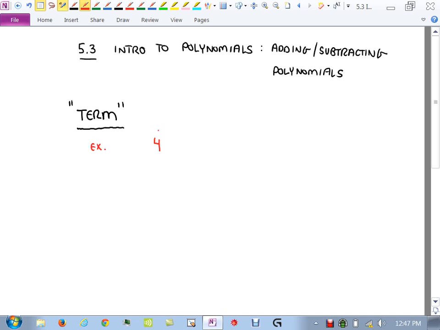I'm going to separate it with a comma. 4x is also a term. 4x squared is a term. 4xy is a term. 4x squared y to the 5th is a term. And I could keep going. 4x to the 3rd y z to the 7th.